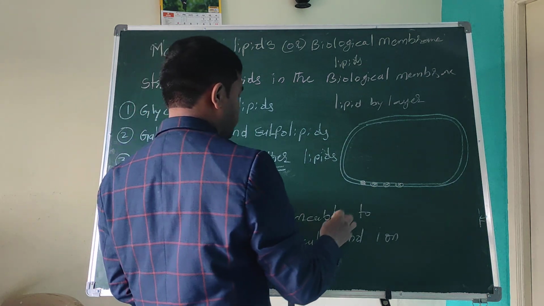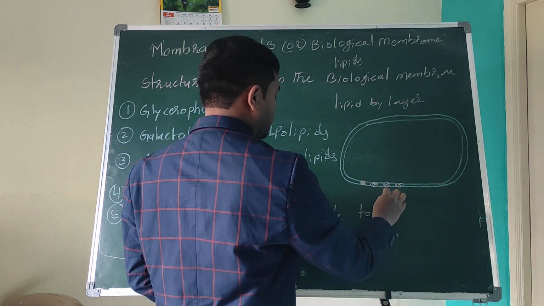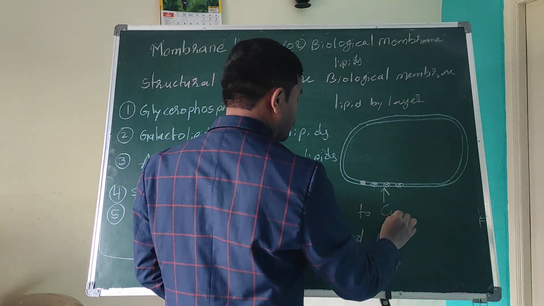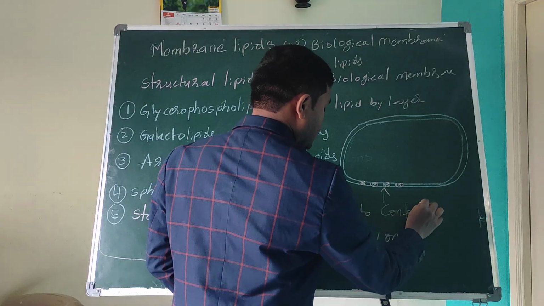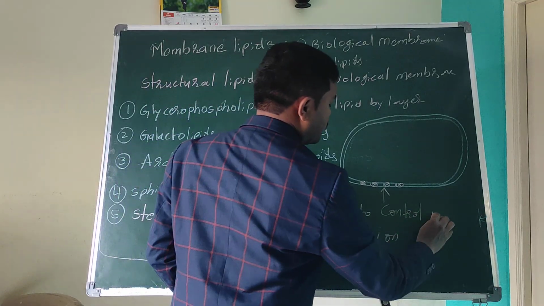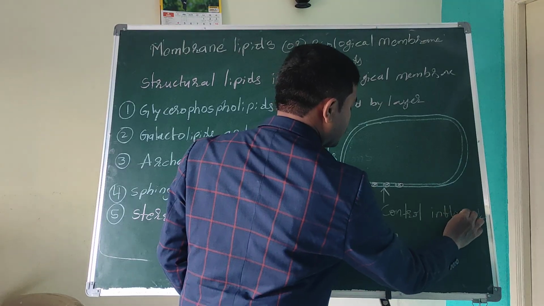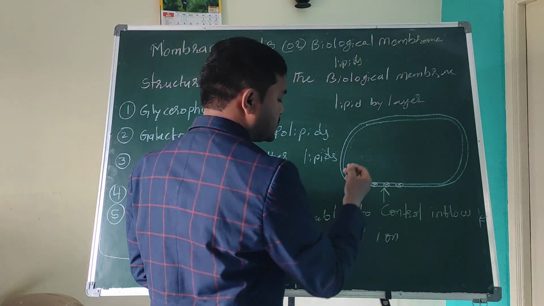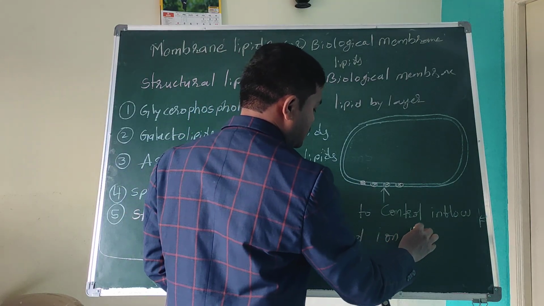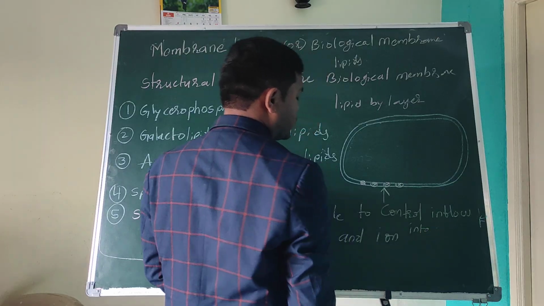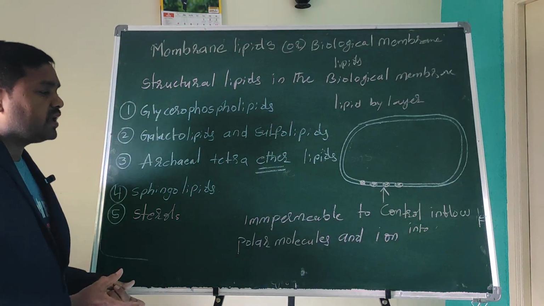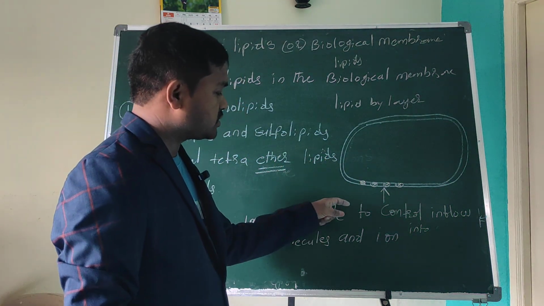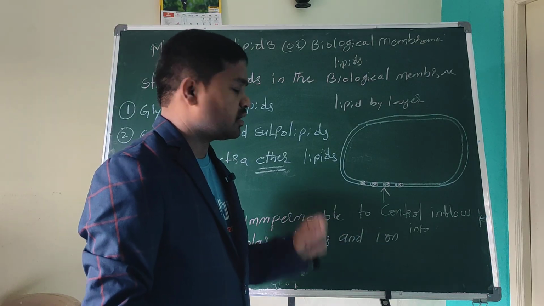These structural membrane lipids are useful to control the inflow of other molecules or other ions into the cell, as well as to control the leak out of cellular ions to the extracellular matrix.